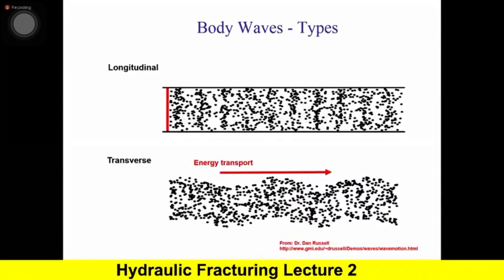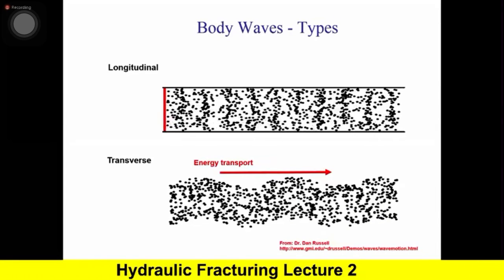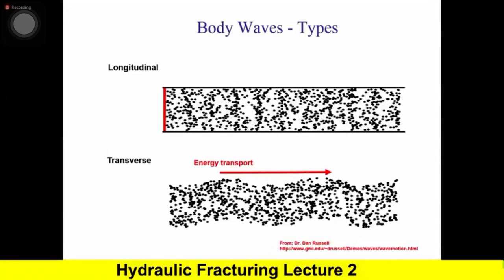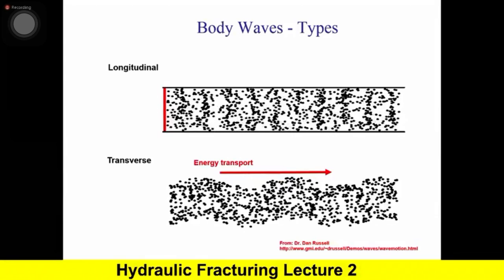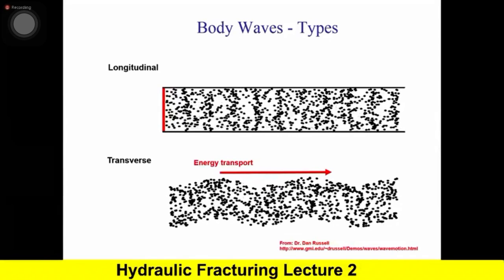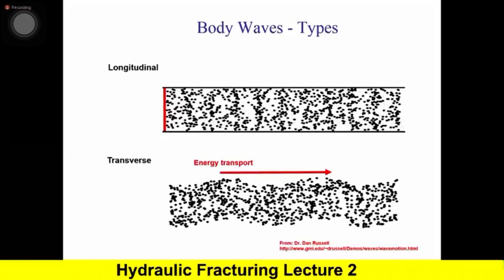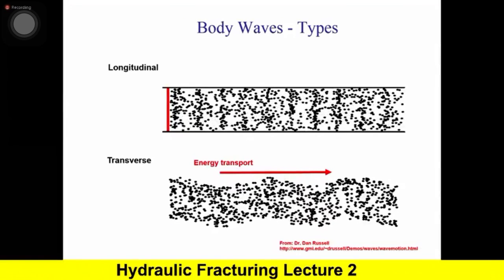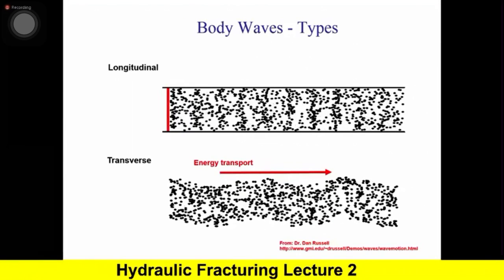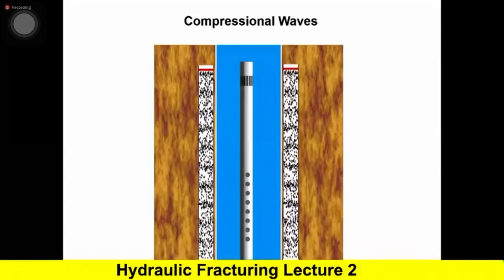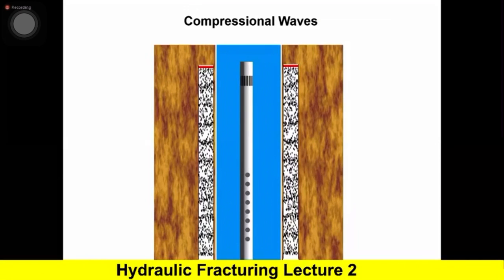I find this an interesting slide. You can see the vibration going longitudinal or transverse. If I apply a sonic wave, the compressional wave moves from one place to another.